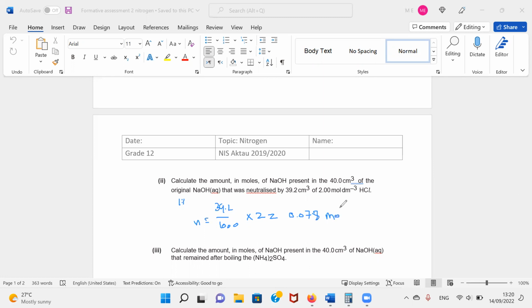Of course, you have to write the unit. So this value basically is not the one reacted, it's just the sodium hydroxide as it is. It was titrated against the hydrochloric acid, which is 2 molar. Good.